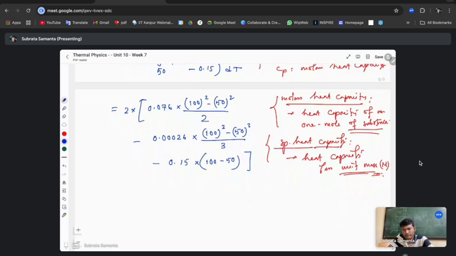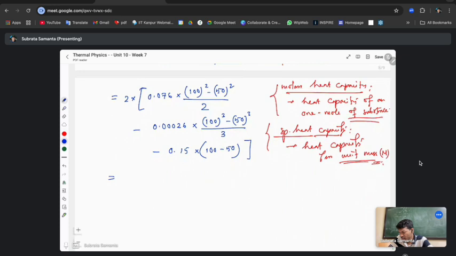This is a definite integral. After solving this, we get 403.3 calorie. Just use your calculator and cross check these results.